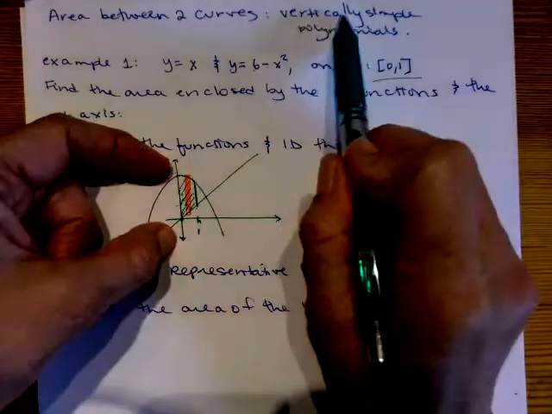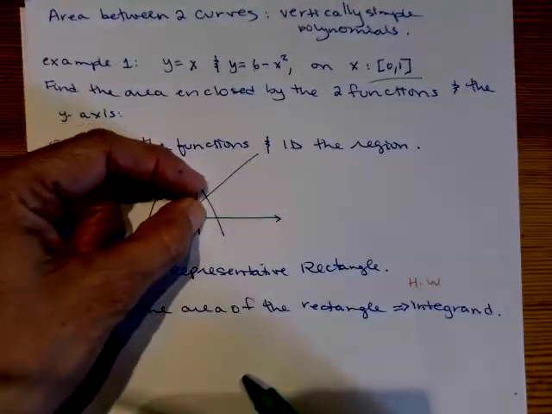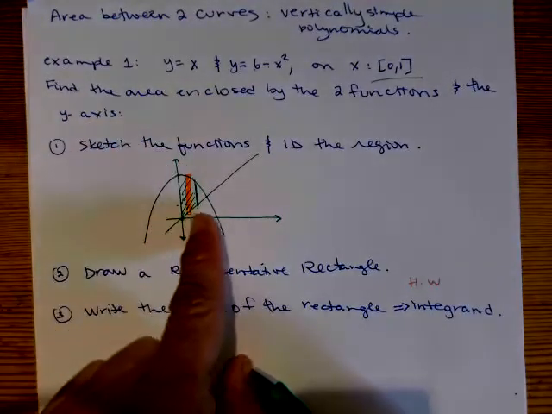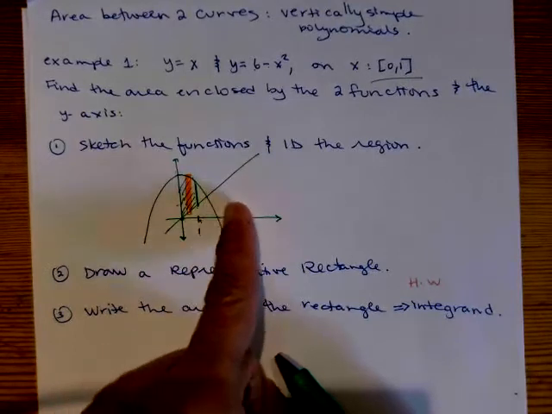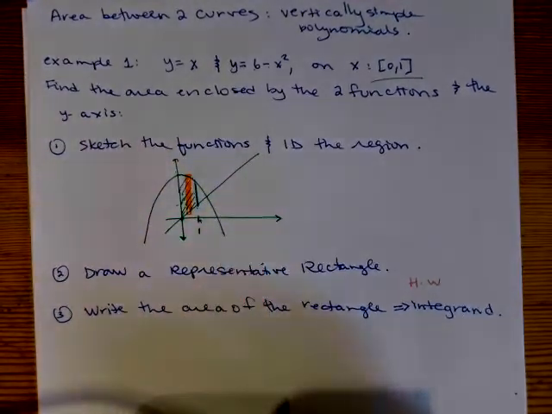And this vertically simple, that means that the functions stay the same throughout. Notice if I would have gone past this intersection point, then the one on top would have changed, so I'd need to take care of that.